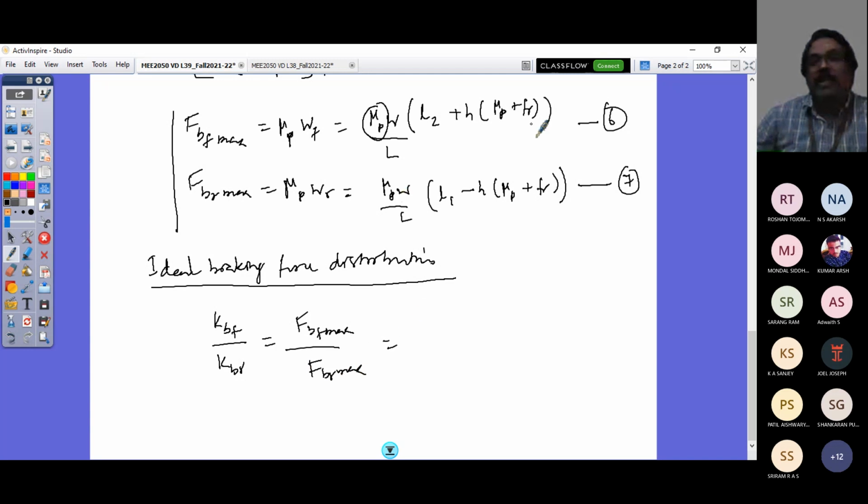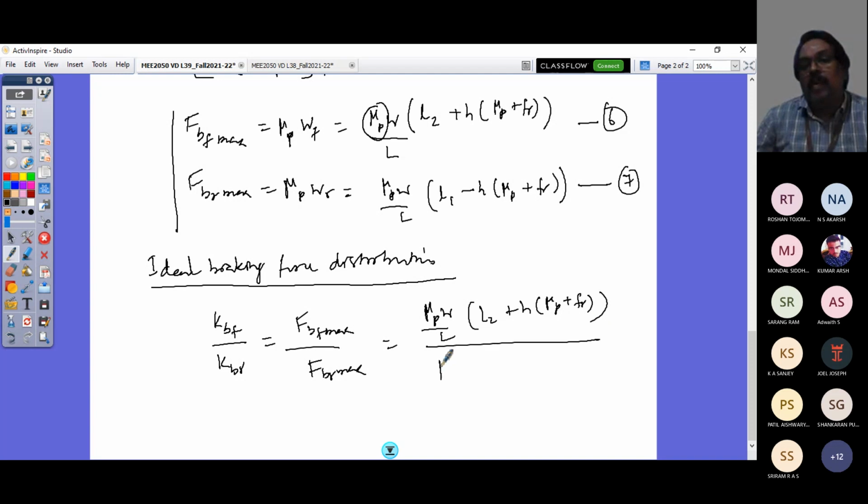So substituting equations 6 and 7 here, I will have μp times W by L into (L2 plus H into (μp plus fr)) by μp times W by L into (L1 minus H into (μp plus fr)).